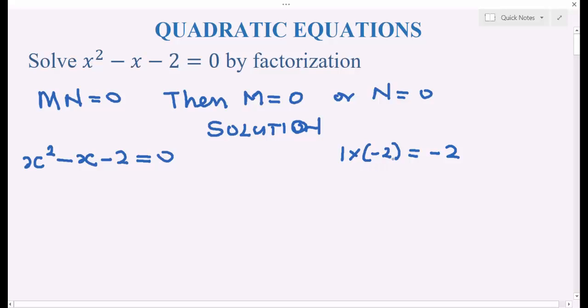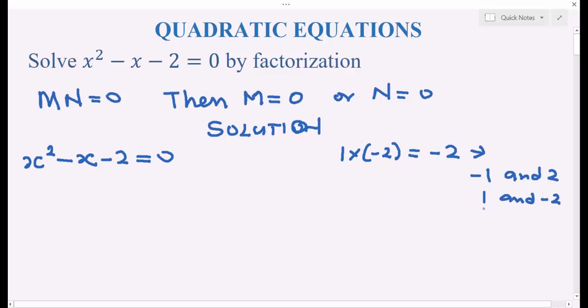So what are the factors of minus 2 that when we add them, we will get the coefficient of x, which is minus 1? First, what we'll do is we'll list all the factors of minus 2. So we could have minus 1 and 2, 1 and minus 2. These are the factors of minus 2.